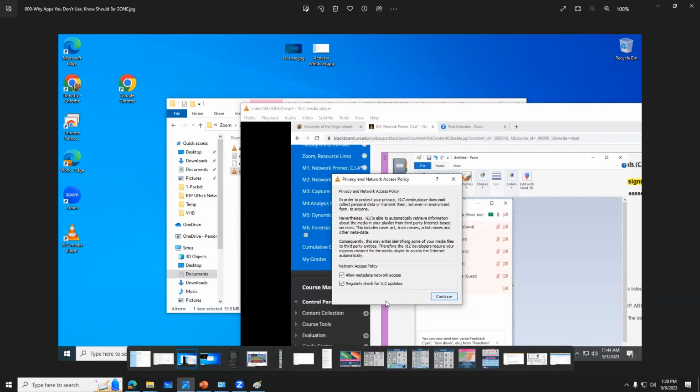When you load it, it says it wants to allow metadata network access and to check for VLC updates. Well, yeah, updated software is more secure, but what about the metadata network access? What does that mean? What kind of data are they getting access to? A lot of times, organizations simply don't assess more about this.